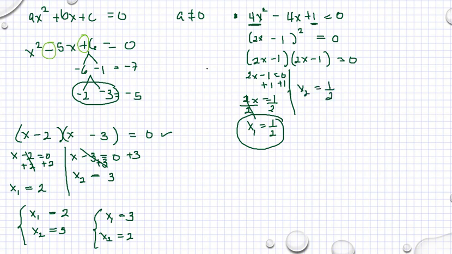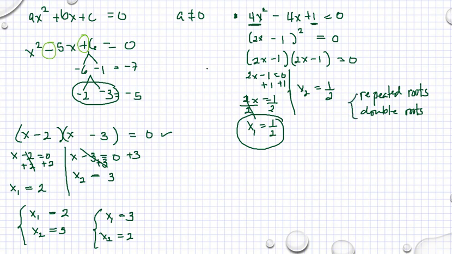When you get this kind of solution, it is called, there are a lot of names for this, repeated roots, or double roots, either of them.